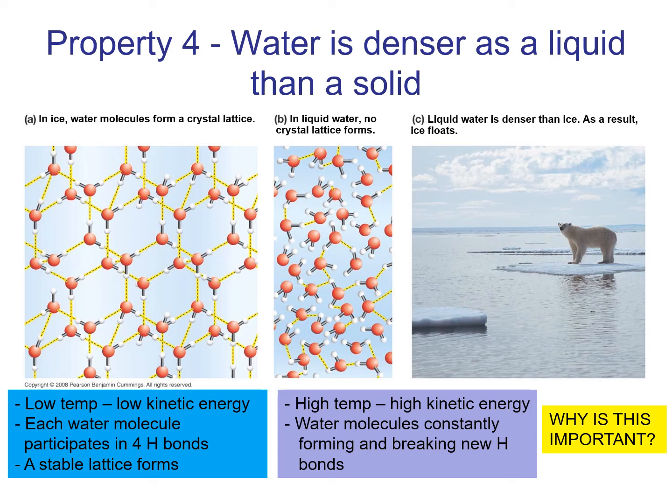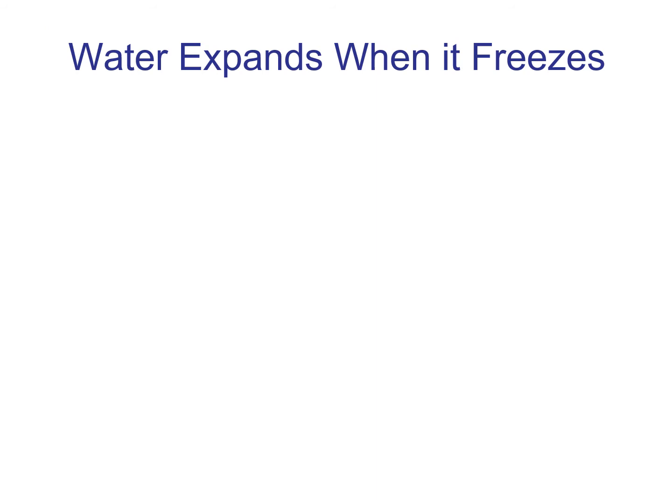But we get a more fluid structure, of course, and we don't get that crystalline lattice work. This means that water, when it freezes as ice, floats on liquid water. So solid water floats on liquid water, which might not sound all that impressive. But again, this is unusual. This is not what happens with most fluids.